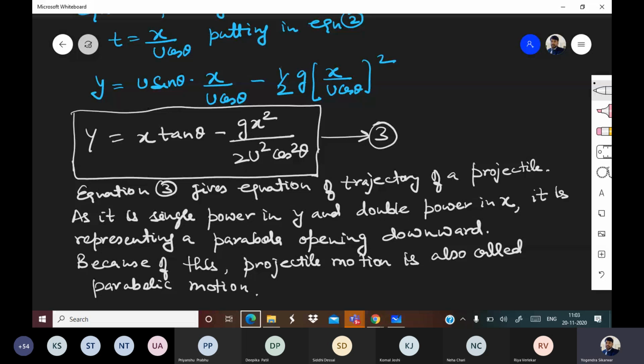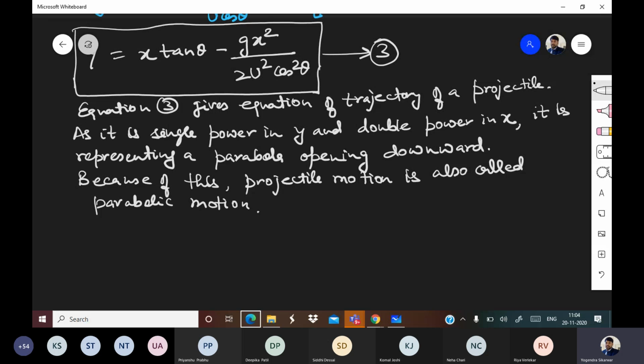All right. Okay. Now the same equation y is equal to x tan theta minus gx square upon 2u square cos square theta can also be written as follows. If I take cos square theta upward, it will become sec square theta. And sec square theta can be written as 1 plus tan square theta.